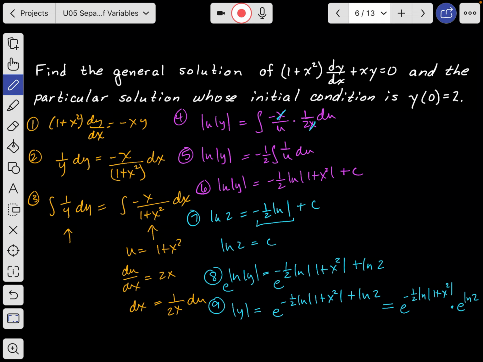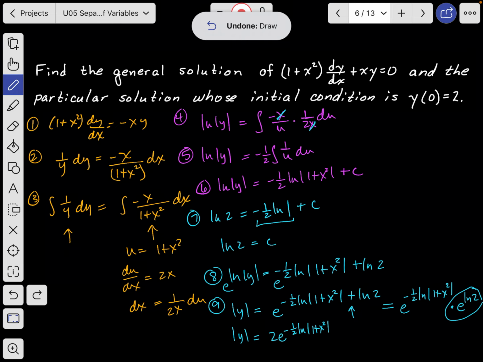Now the reason I separated that out, and I can do that because I'm adding these two terms in the exponent, is that e to the ln and ln are inverses, and so all of this is equal to 2. So I can have the absolute value of y is equal to 2e to the negative 1/2 ln 1 plus x squared. That's it. There we go. Cleans it up quite a bit.